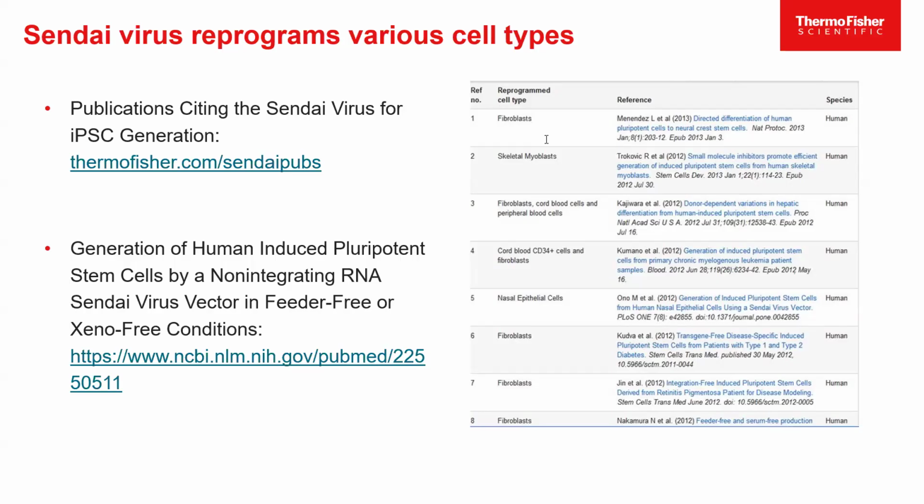This is really interesting work, but there are several companies, and also there's some work that was going on in the San Diego Zoo, so not too far from a lot of you, where they were using the CytoTune kits in order to reprogram cells from different species to try to save particular species of animals from extinction, right?